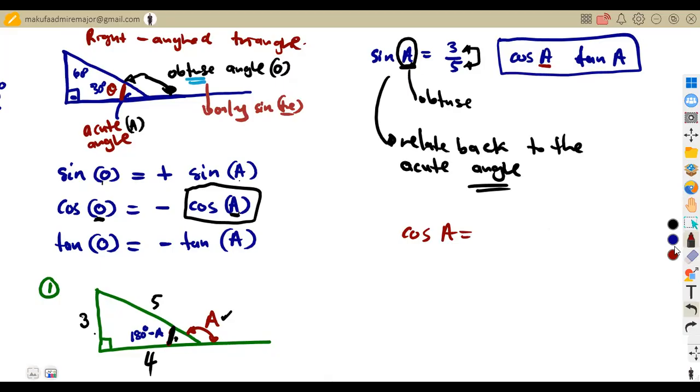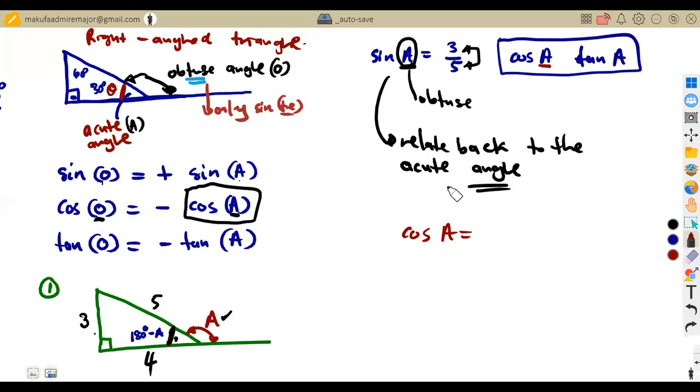All right, let me write it back, our SOHCAHTOA concept, so that you do not miss me on this part. So here we are going to relate back. The ratio does not even change. And from our SOHCAHTOA concept, we are going to refer back to it. In this case, this part does not even change.